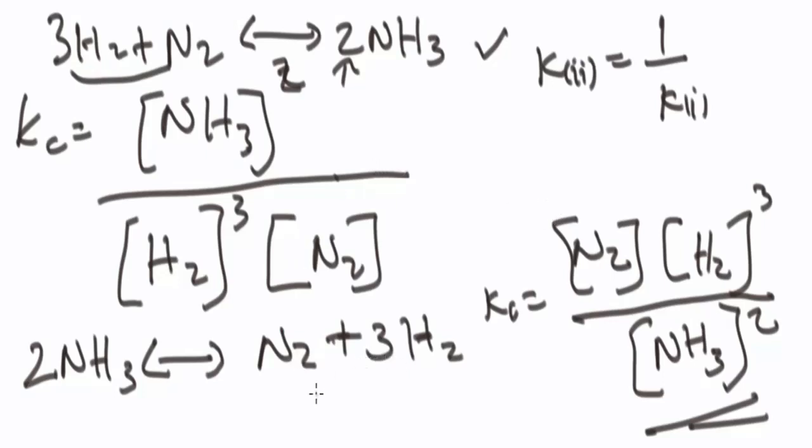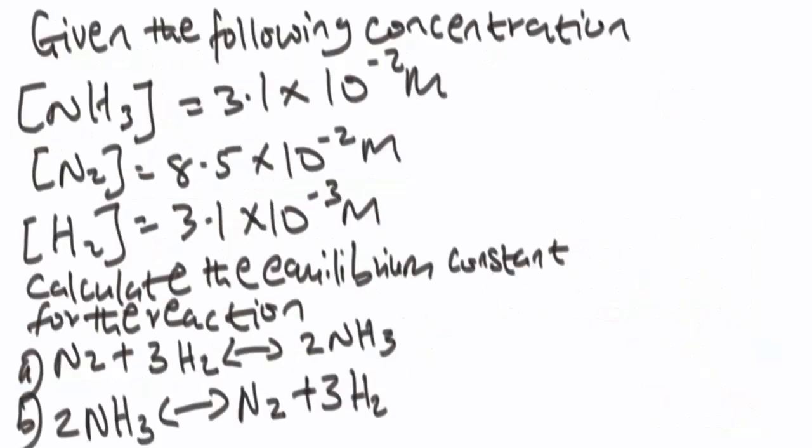Now let's solve a typical problem on this. It says, given the following concentrations, ammonia to be this, nitrogen gas to be this, hydrogen gas to be this, calculate the equilibrium constant for reactions A and B. So for reaction A, you use the law of mass action, the ratio of the products to the reactant concentrations raised to their coefficients.